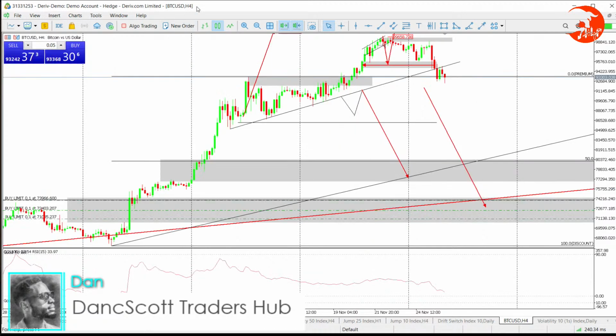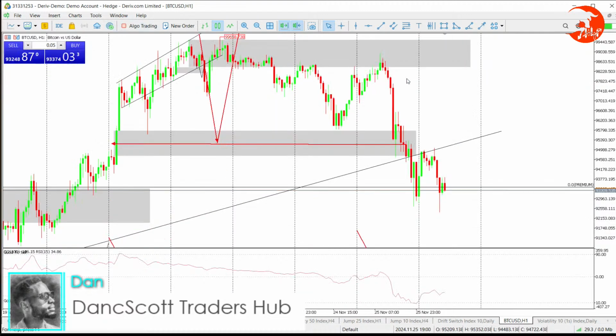I can also look for the one on H4, and that is where I see my resistance level. So from there, I can delete all this because we were looking for sales after the break of this level.